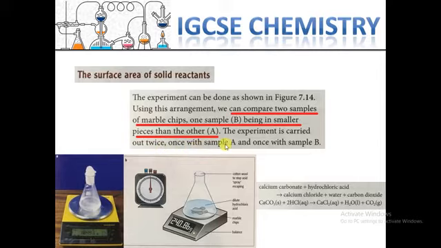Once with sample A, which is larger than B, and another with sample B. So we need to do this experiment two times. Every condition should be the same, like the temperature of the room, the weight of our samples, and the amount of hydrochloric acid.